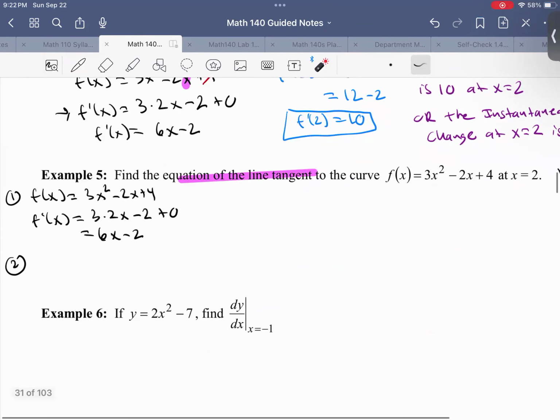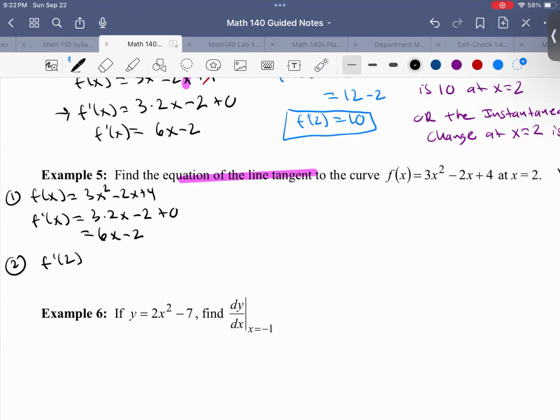So here we have f prime of 2, and that's going to be 6 times 2 minus 2, which is 12 minus 2, which is 10. The same exact thing that we got before. So f prime of 2 is 10.